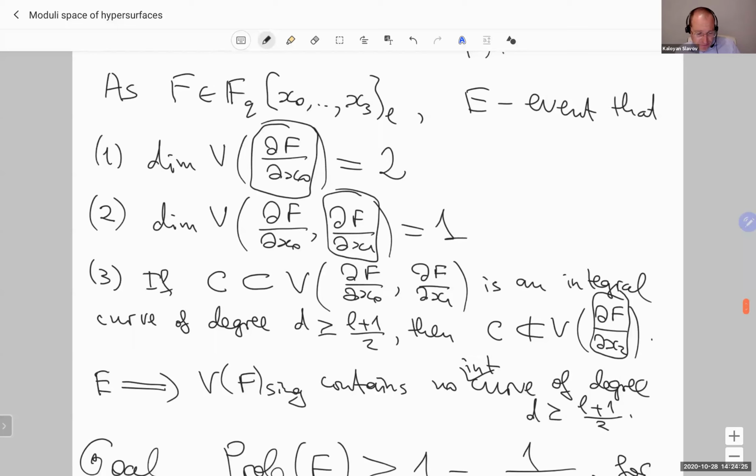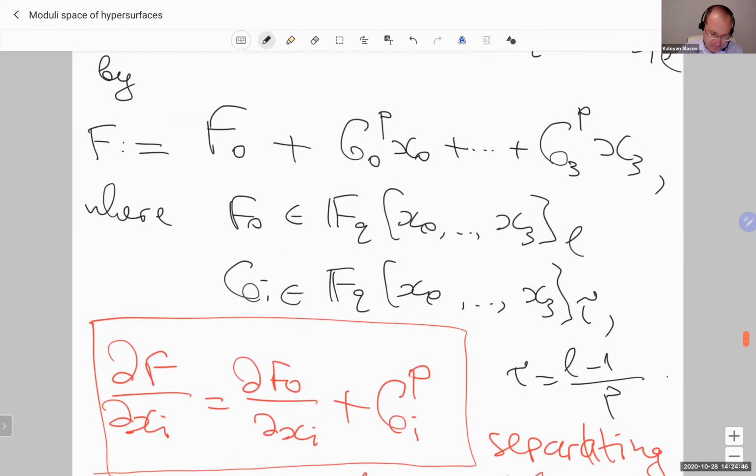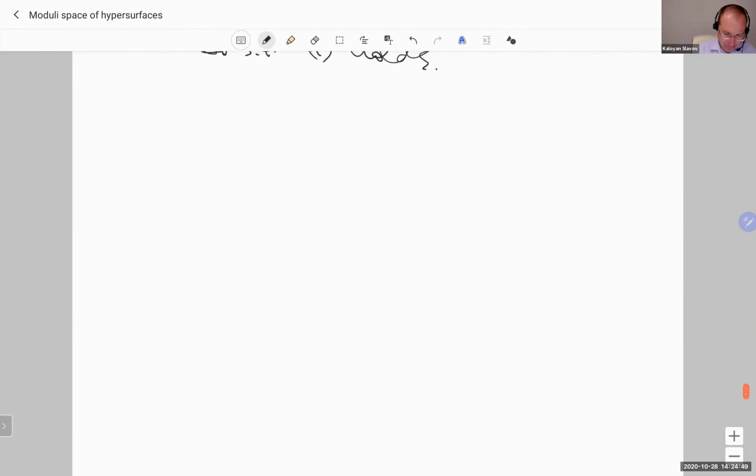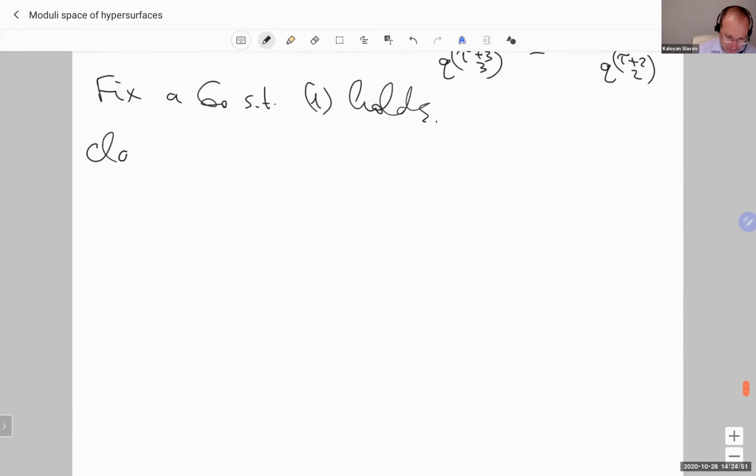For item 2, that other partial derivative comes into the game, and for item 3, that partial derivative enters the game. Now, I don't want the component of df/dx0 to be contained in df/dx1. So let's look at the probability for 2. Claim 2.